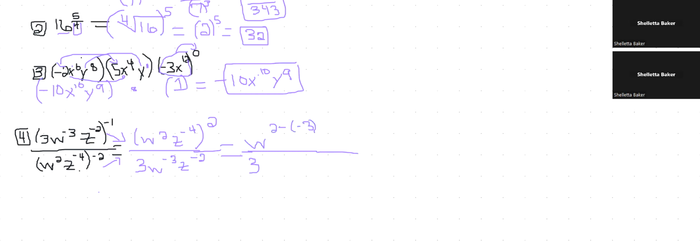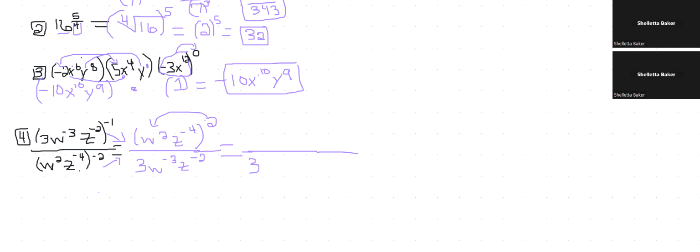And now for the Z, we're going to subtract -4, actually, we didn't even apply this 2 here. So let's go back and erase this. Let me go back a step, because we actually need to apply that exponent before we do that subtraction.